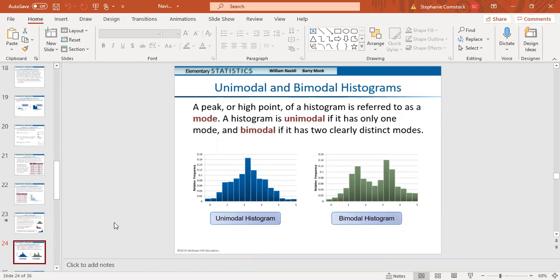For example, with this blue one, we have 1 spike peak, and that's called unimodal. Bimodal has 2 clearly distinct modes. So it should almost look like a mountain range: you have a high spot, you come back down into a valley, and then you go back up to another high spot again, okay? So we do have to see that.